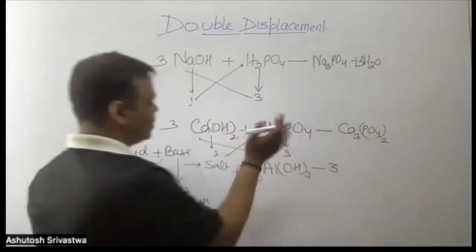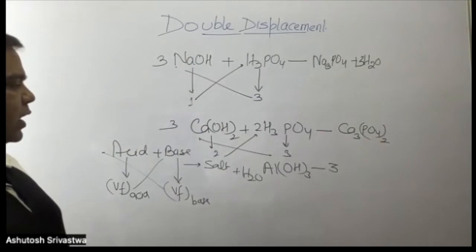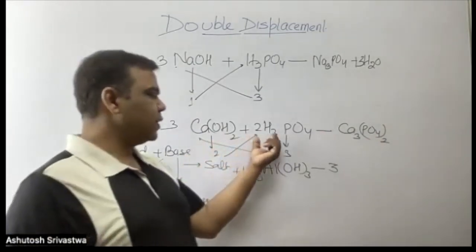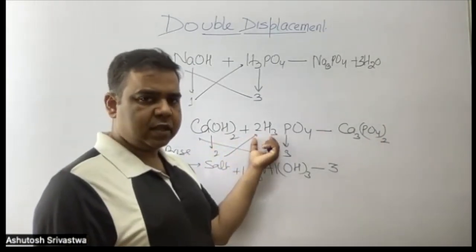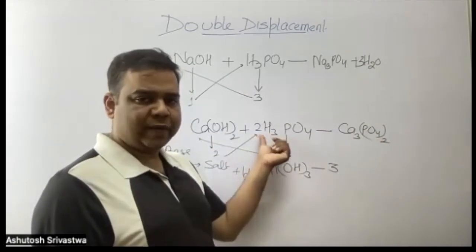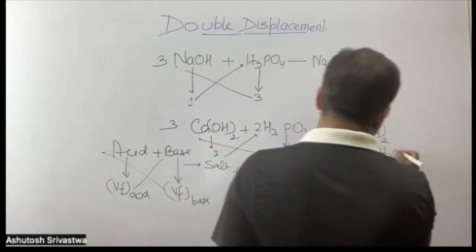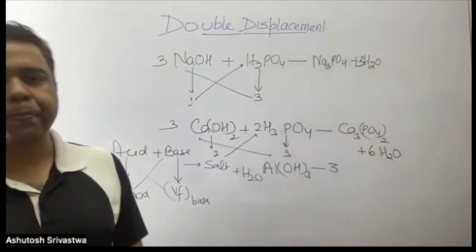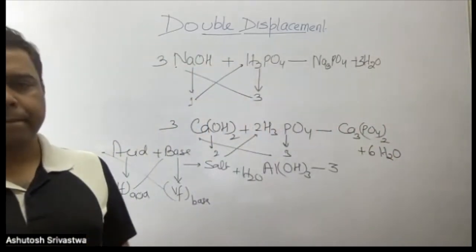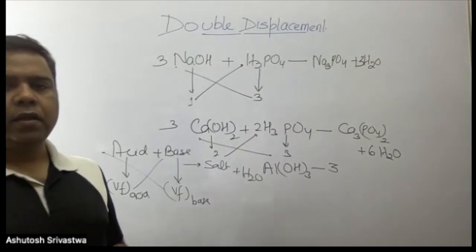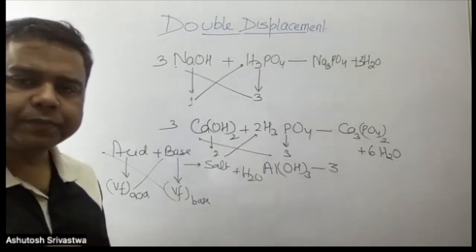So again calcium is gone. The only thing is how many hydrogen atoms are there? 6 H plus is there because 3 per molecule into 2 times is 6. So 6 water will be formed. I think it's very easy to balance now. Is it okay?